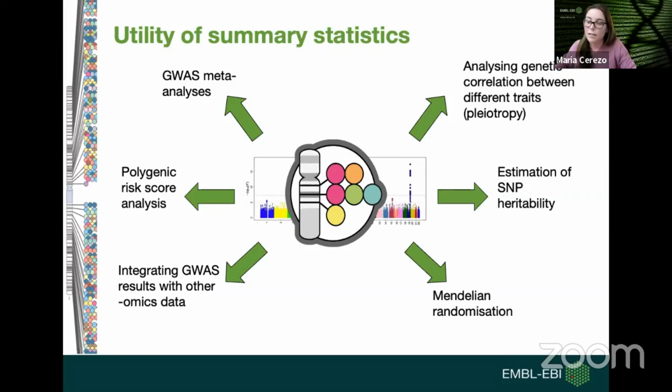With the association data for all the variants, you can make easier the identification of colocalized signals across the genome, increase the potential downstream from meta-analysis, do new polygenic risk score analysis, and integrate the summary stats with other omics like GWAS, EWAS, PheWAS. You also can combine the summary statistics from different traits to try to find pleiotropy, estimate the SNP heritability, or do other analyses such as Mendelian randomization.